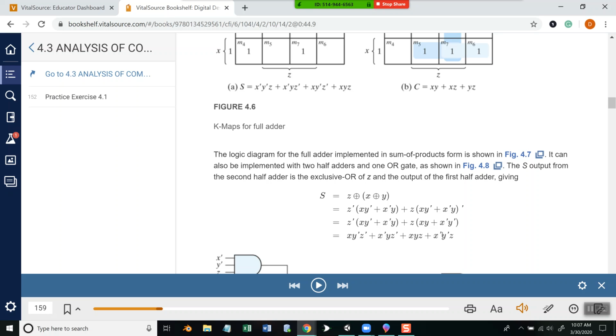And sure enough, it looks like it adds it. So they're showing how if you started down here and you went backwards, you could come up with this exclusive OR arrangement.